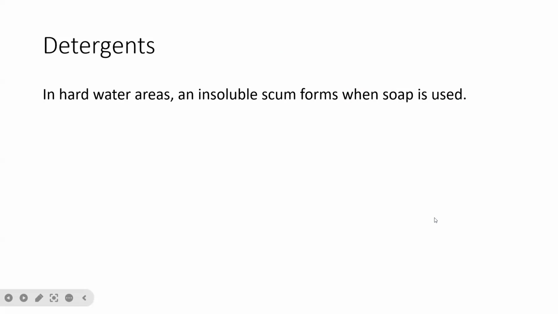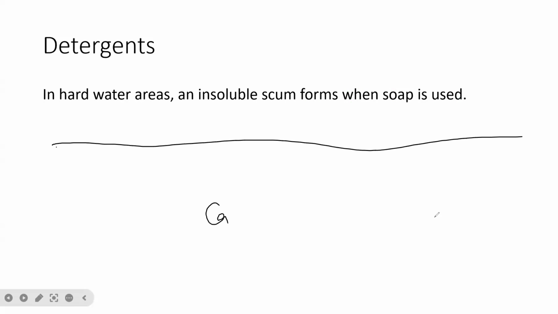Now pay attention. I'm going to illustrate this and I need you to understand it very well. This is your water surface, okay? And inside this water surface, you have calcium ions and you also have magnesium ions. Are you with me?